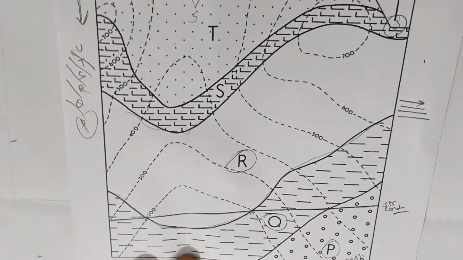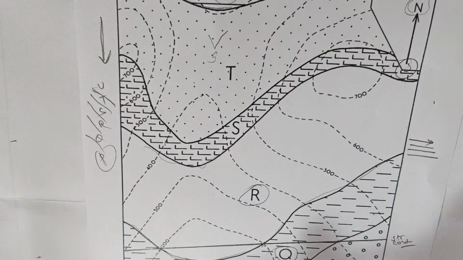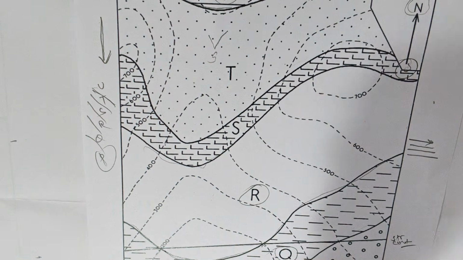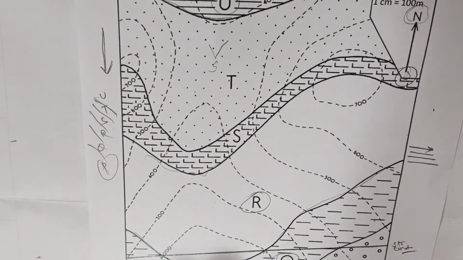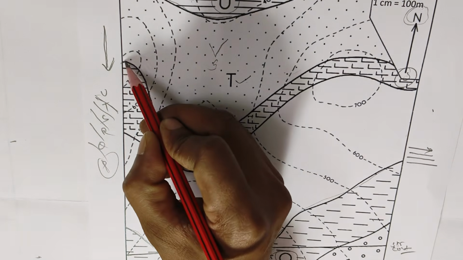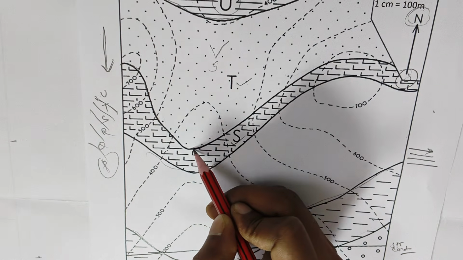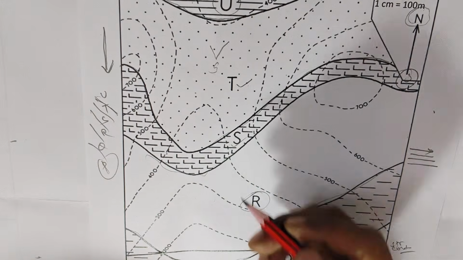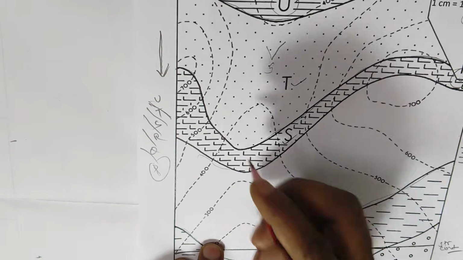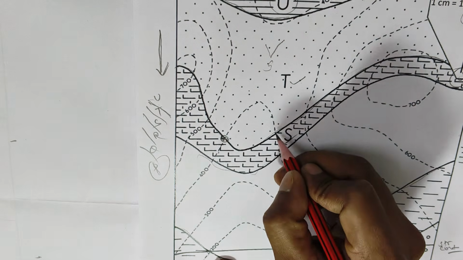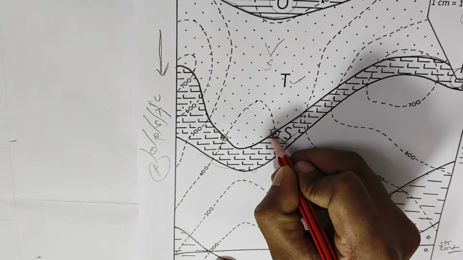We can start from any bedding. We will consider the bedding plane between T and S, which is this one. This bedding plane is intersected by the 400 contour here, and again intersected here.